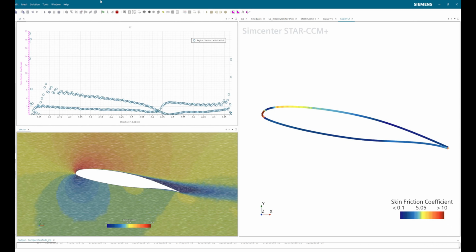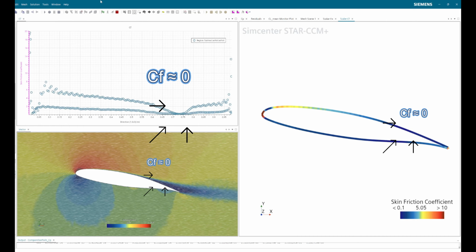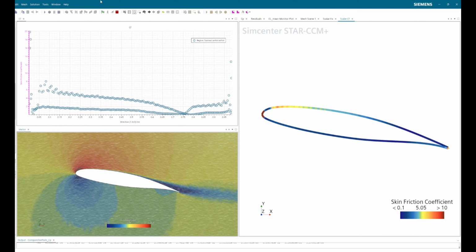When the angle of attack increases, the surface flow may separate, forming turbulence or even reverse flow. In those regions, CF approaches zero. By observing the variation of CF, we can understand the velocity gradient along the wall surface.